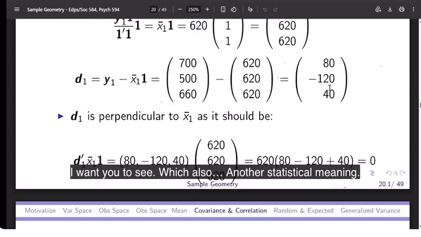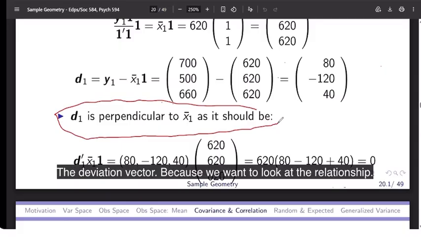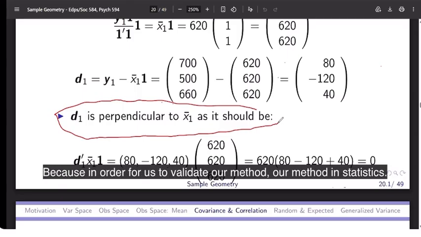The deviation vector, because we want to look at the relationship, because in order for us to validate our method in statistics, we have assumptions.